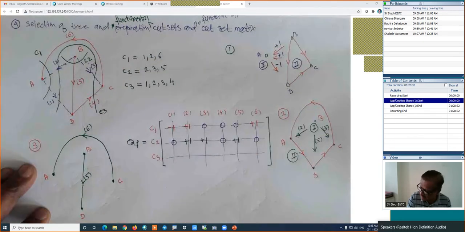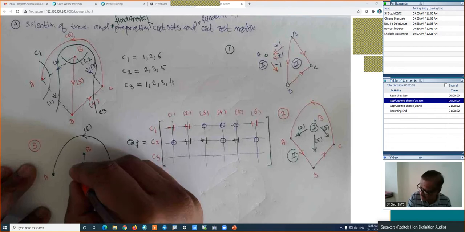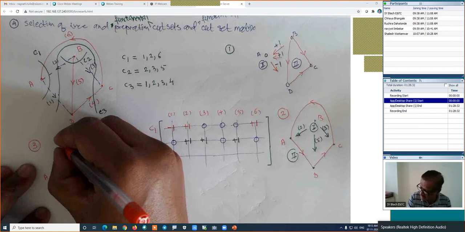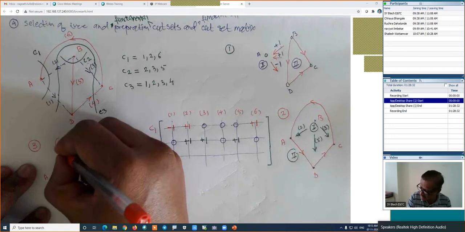Is it right? Now again, the figure is divided into 2 parts. I will assume this as part 1, and I will assume this part as part number 2.